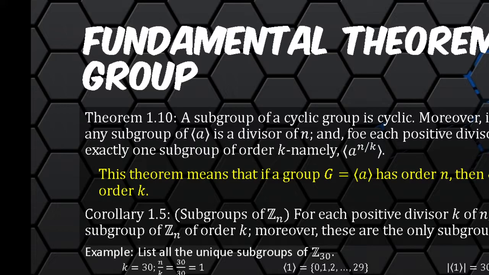How about 5? No. 6? Not either. 10? No. 15? So it looks like only one. Only 1 is a generator. By the way, this 30 is the same as the subgroup generated by 0.